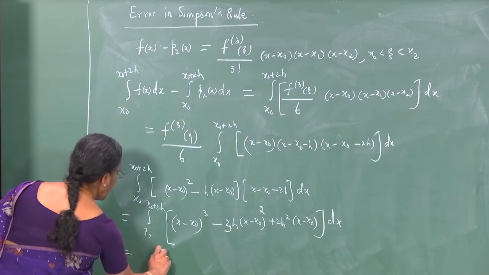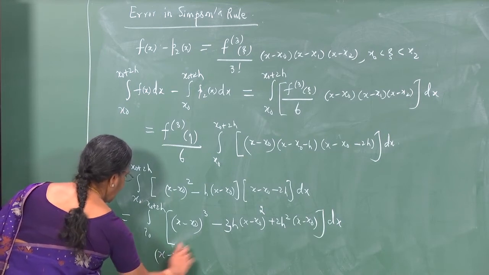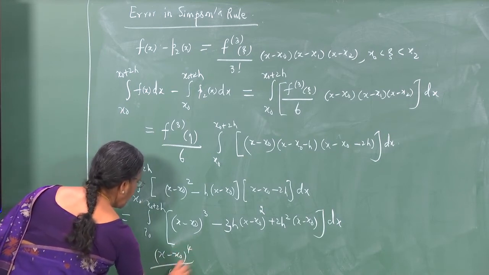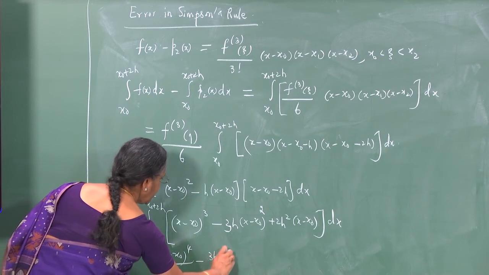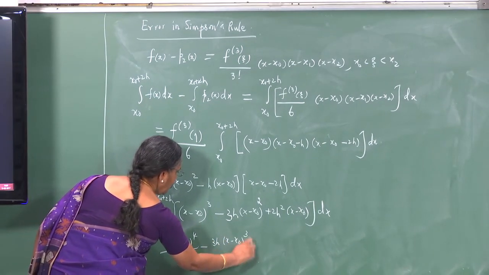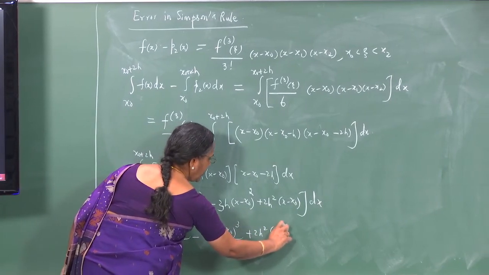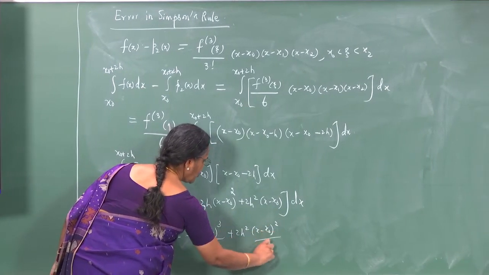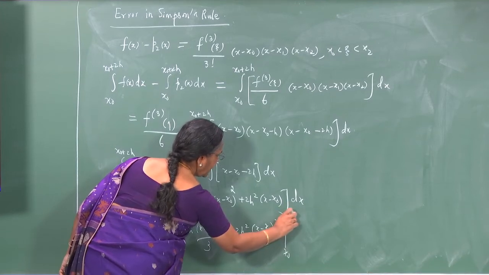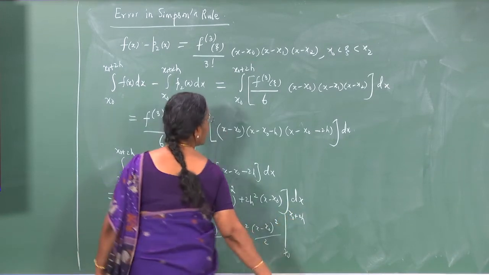This will give me (x minus x0) power 4 by 4 minus 3h into (x minus x0) the whole cube by 3 plus 2h square into (x minus x0) the whole square by 2 between x0 and x0 plus 2h.